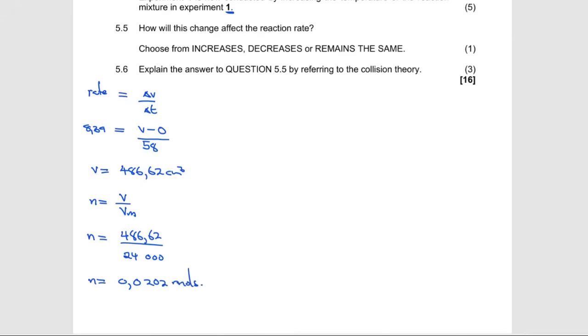Then after that, I'm supposed to proceed to use the mole ratio. The number of moles of hydrogen gas there, these are the number of moles of hydrogen. Maybe I can be specific at the top to say the number of moles of hydrogen.